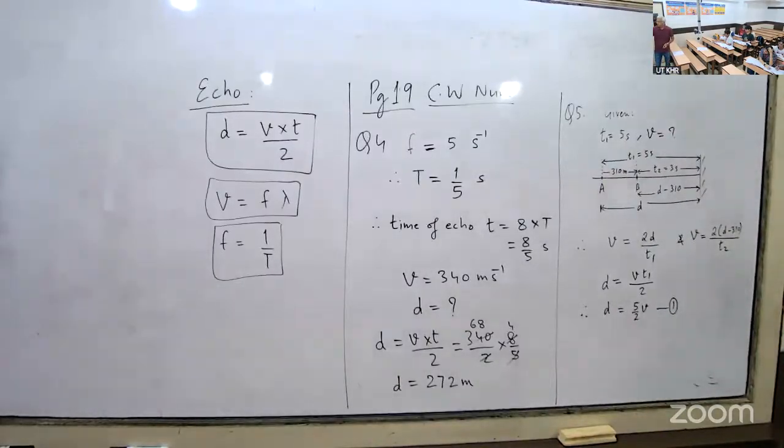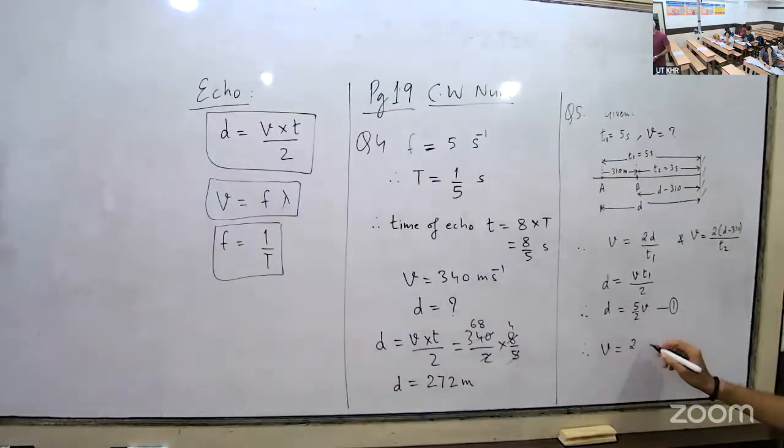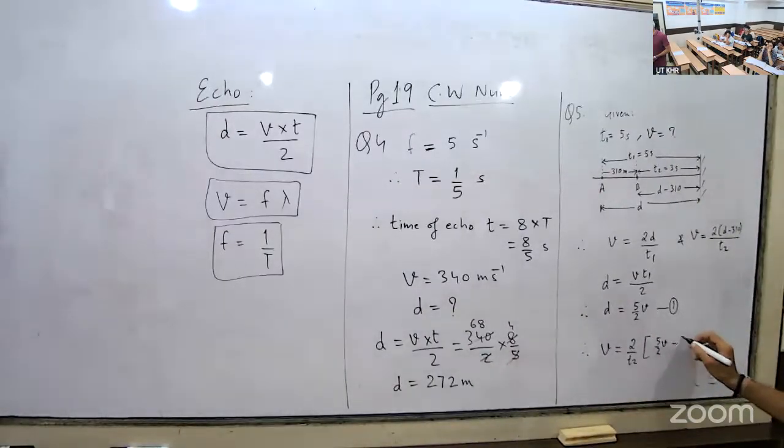And then substitute this over here. You can call this as equation 1, 2, whatever. Therefore, v is equal to 2 upon t2 into, what is d? 5 by 2v minus 310.